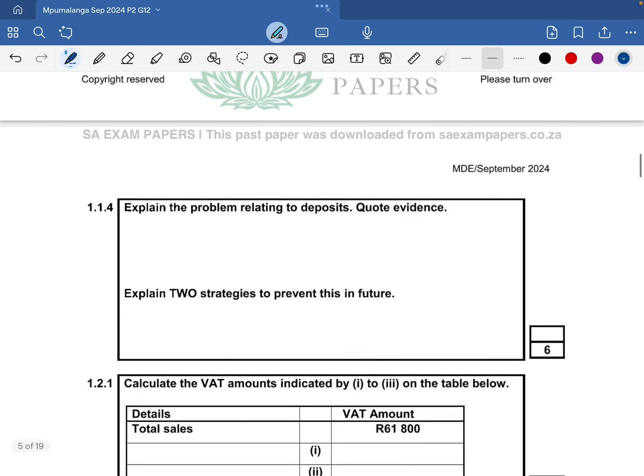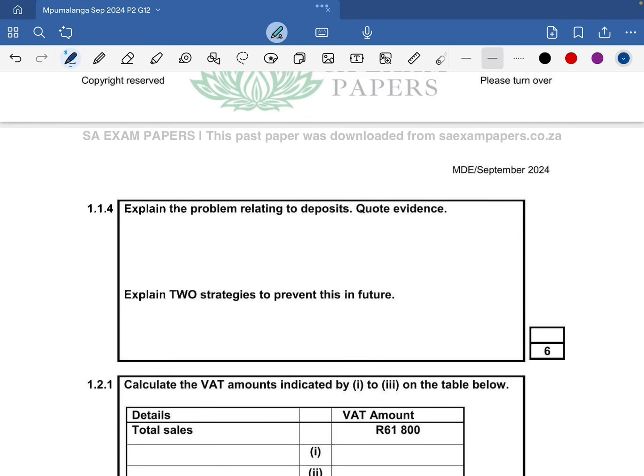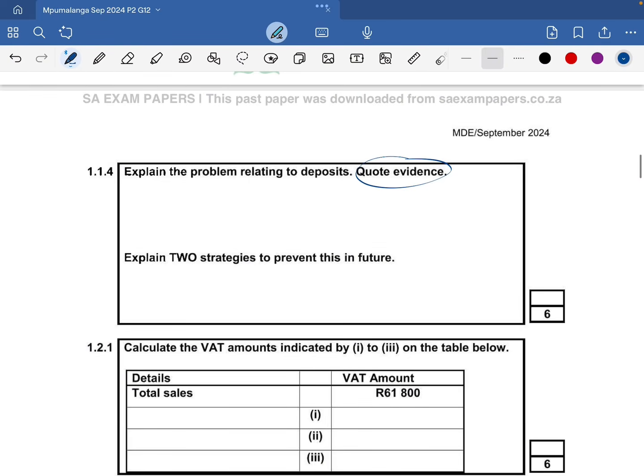Right, now that we have done that, we're going to explain the problem relating to deposits. We need to quote evidence of what happened, right? So the first thing, when we are quoting evidence, we need to state what actually happened. So here there has been a theft of 12,400 by the cashier.